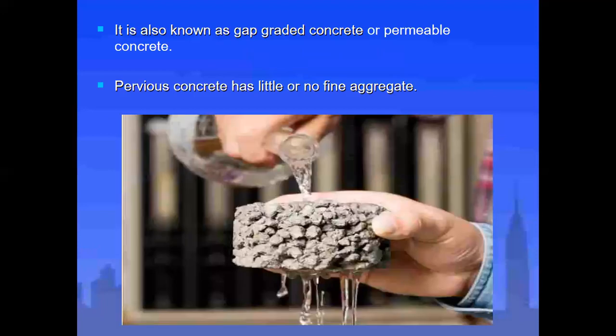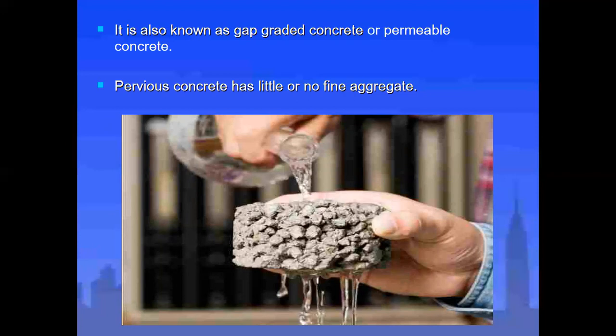As you see in the picture, it is also known as gap graded concrete or permeable concrete. Permeable concrete, pervious concrete, porous concrete, that is the same thing. There are different names you can use for it. Pervious concrete has very fine pores included in it, or we can say we are not using fine aggregate in this part.